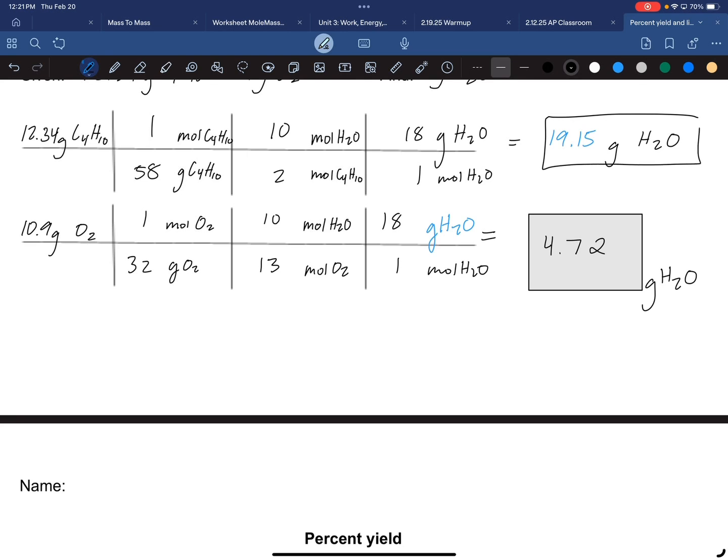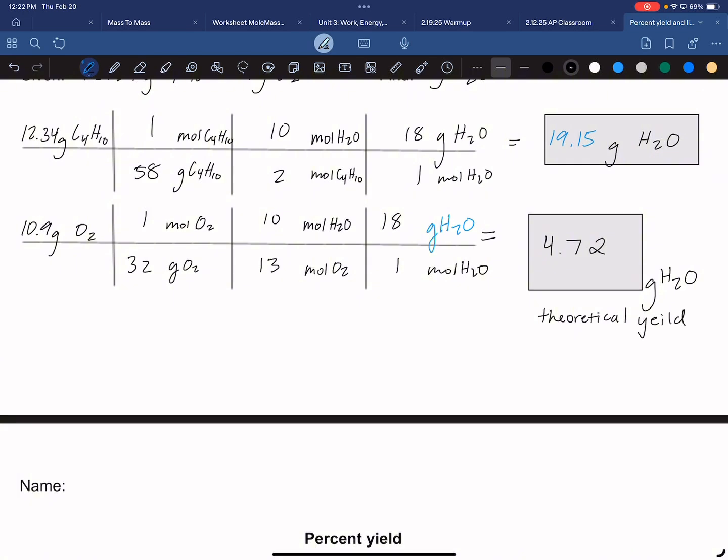So, question, what is my theoretical yield? 4.72. What is my limiting reactant? 10.9 what? Grams of O2. Or you can just say O2.